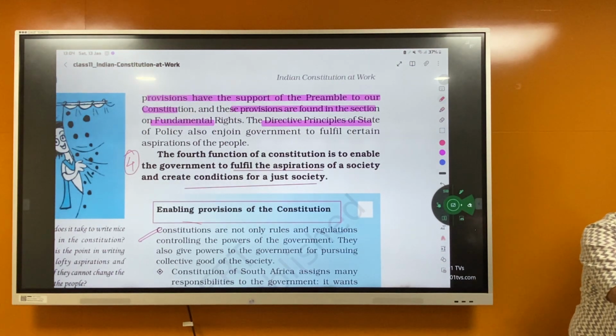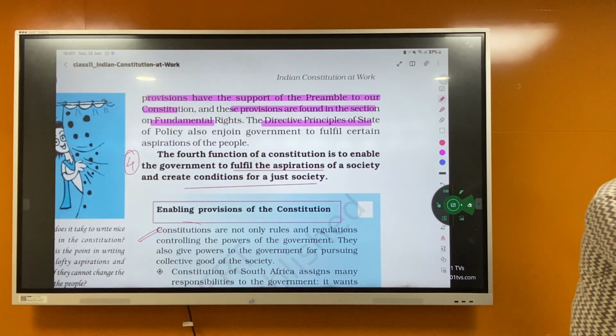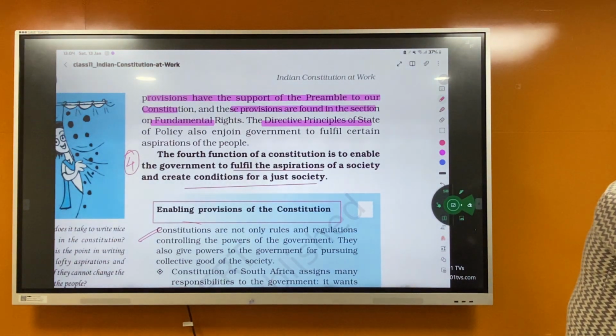Like, for example, I'll give you, there are so many in that. Right to environment is also there. Okay, maternity relief.